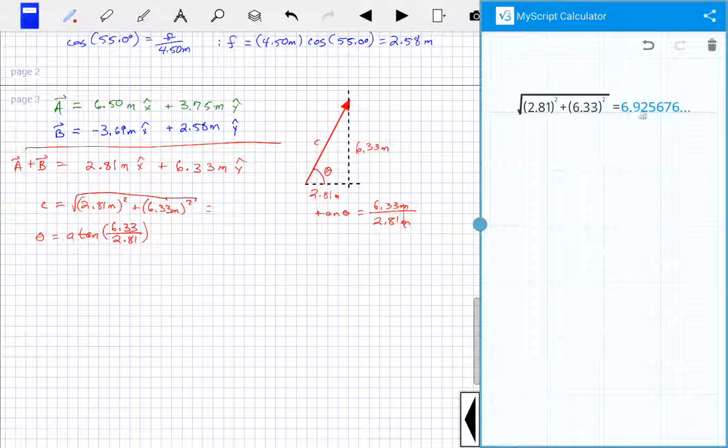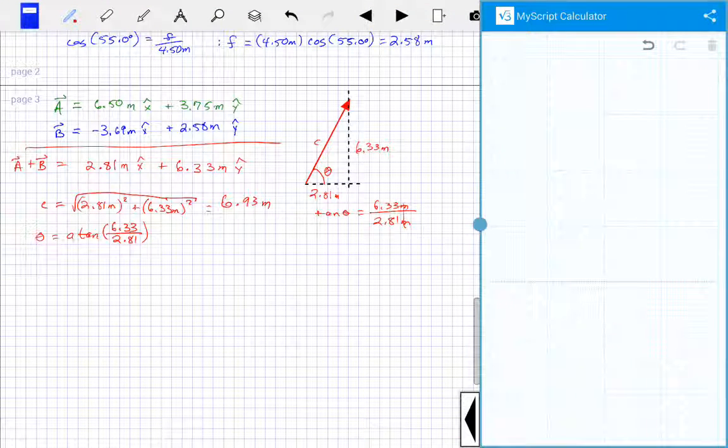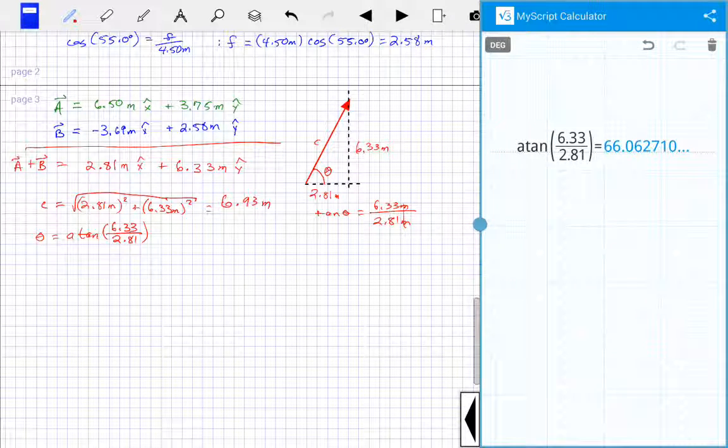Okay, so 6.93. And my angle is going to be arctangent of 6.33 divided by 2.81. 66.1.